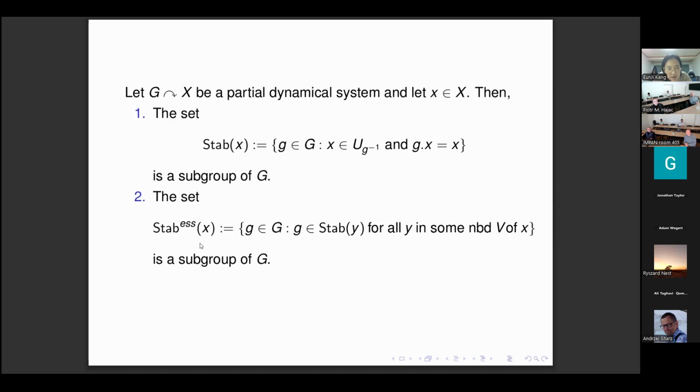Yes, it's a generalized notion of the stabilizer group for the global action. So can I think about this as a kind of local or partial orbit type? I don't know.